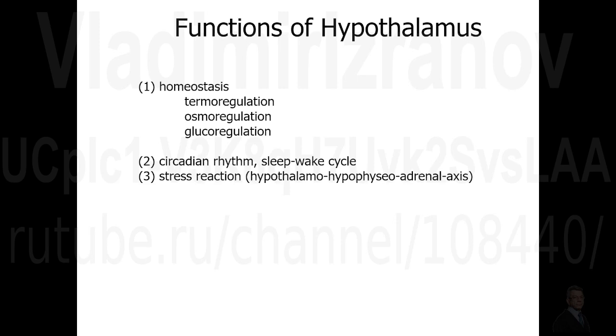Next function is stress reaction, hypothalamic-hypophyseal-adrenal axis. Number 4, autonomic nervous system. Here is the main autonomic nervous system control center. Control of emotions and control of reproduction.